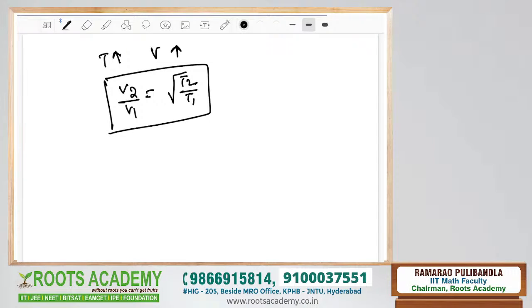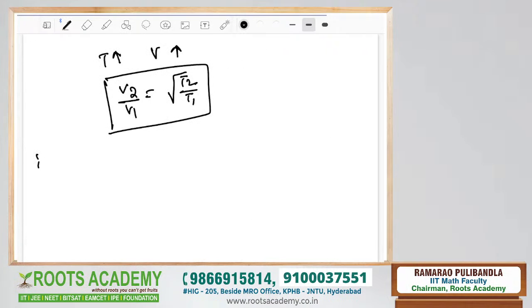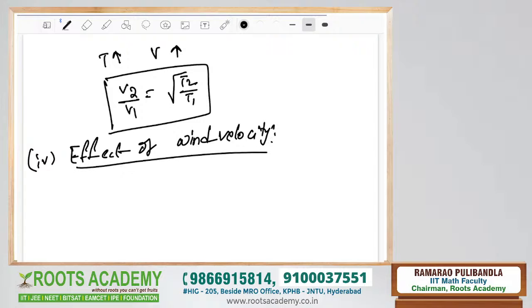Next, effect of the wind velocity. From the equation considered above, V equals under root of gamma into P divided by d.